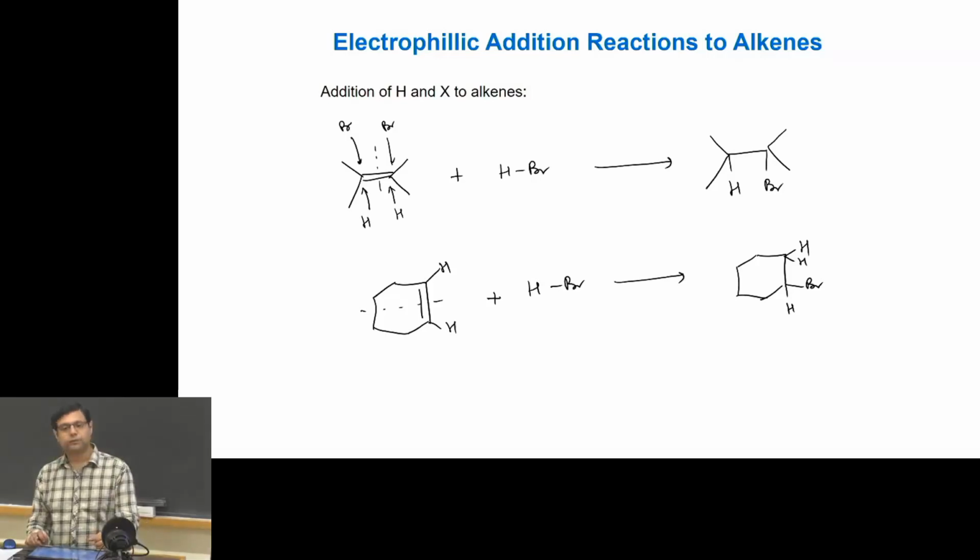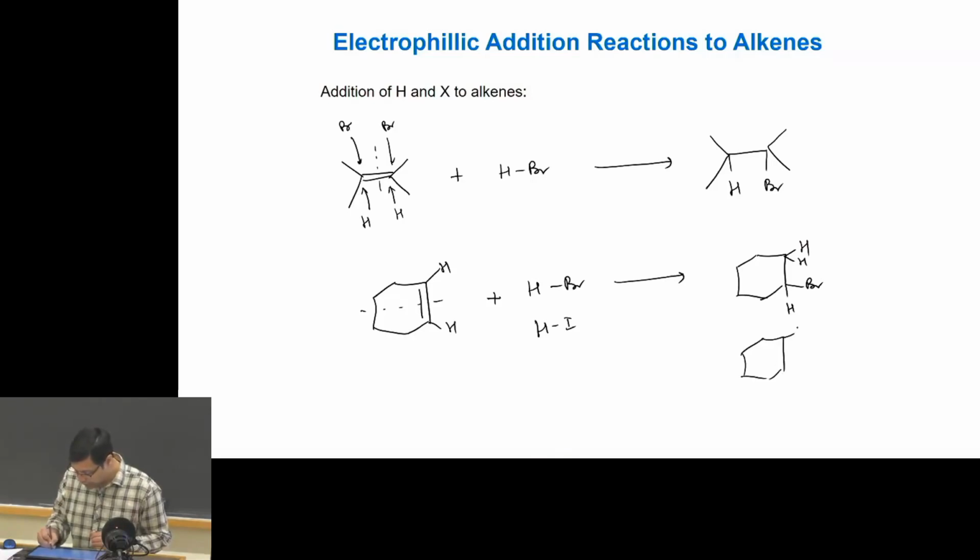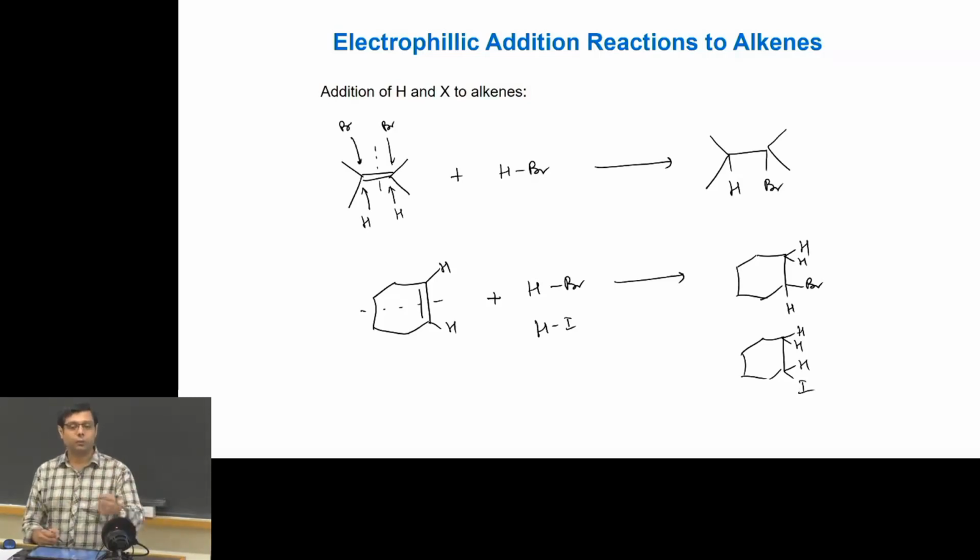All right. Now you can use HBr or HI. This would be the product with HI. Right? So H is going to one of the double bonded carbon, the halogen is going to the other of the double bonded carbon. All right.